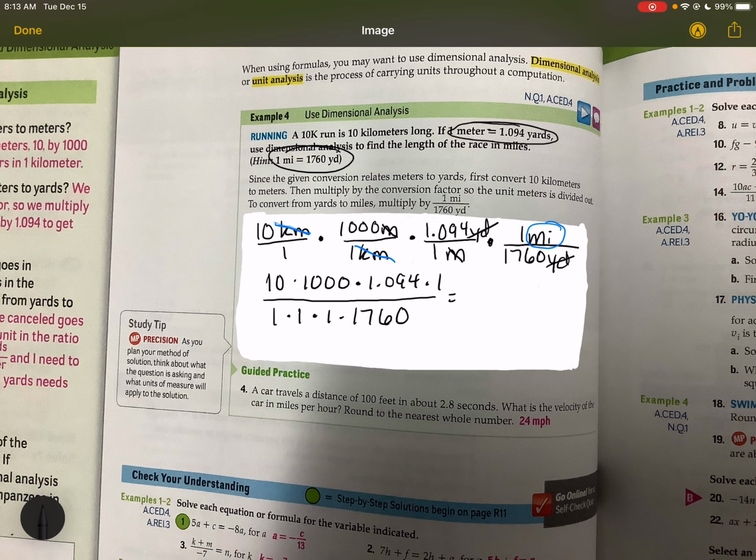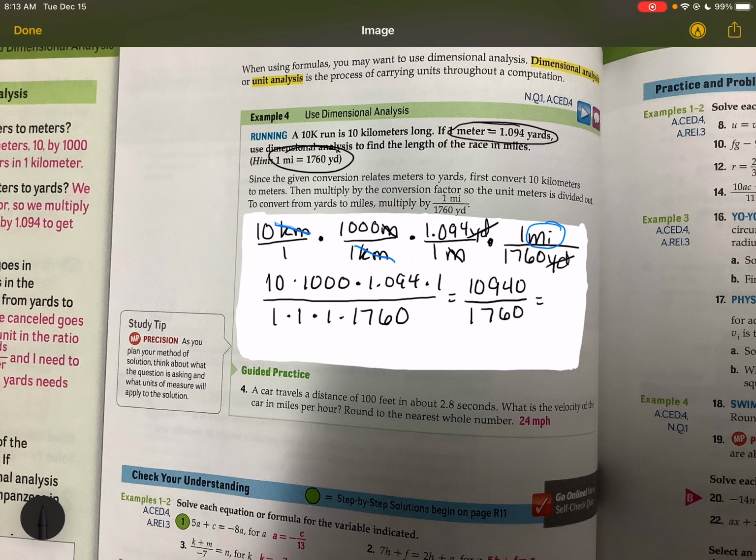So when we do that, you're going to have 10 times 1,000 times 1.094, and you should get 10,940. And then in the bottom, I'm just going to have that 1,760.